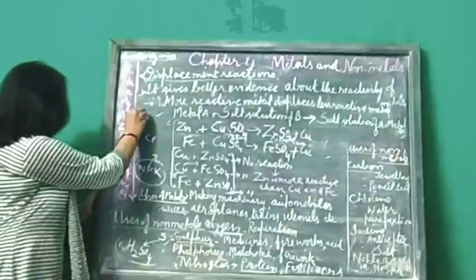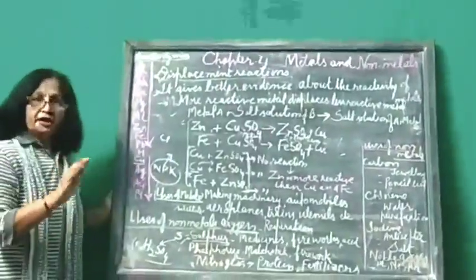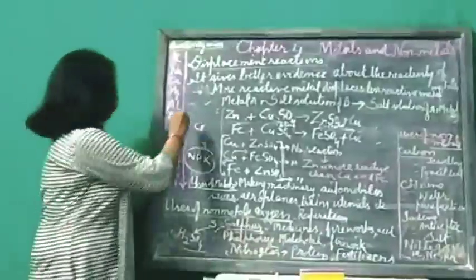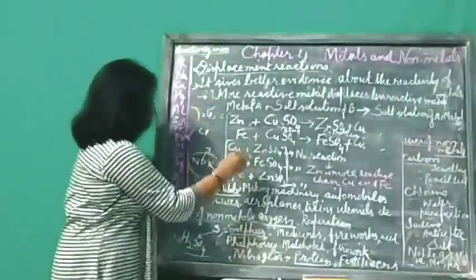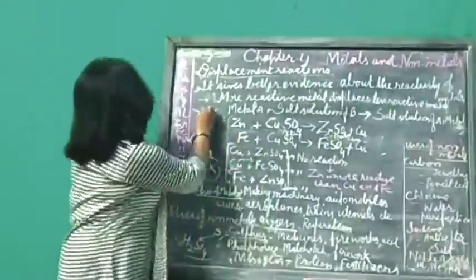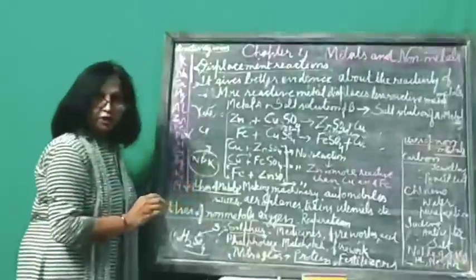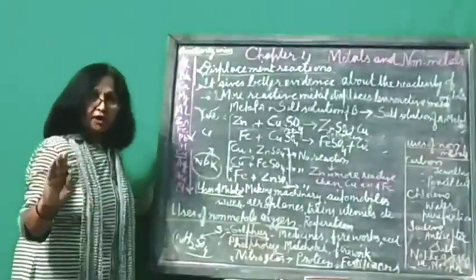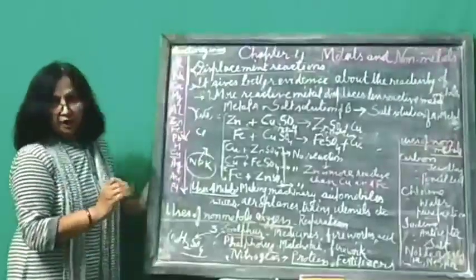Because in the last orbit they do not require any electron. Helium has 2 electrons in its last shell, which is fulfilled like hydrogen, and the others have 8 in the last shell. So they do not require any electron. That's why they will not react with anyone.